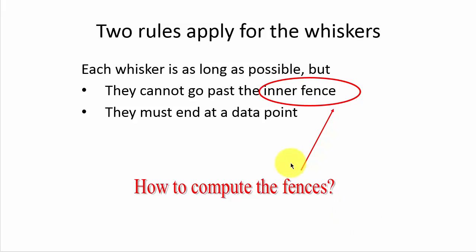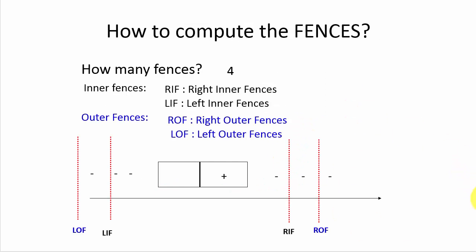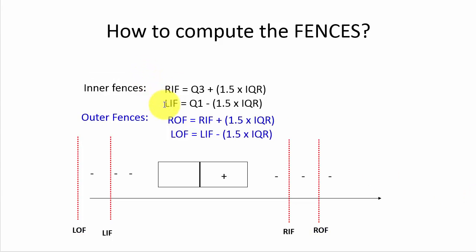Now the question is, how do you compute the inner or outer fences? Well, you can use a formula, and the formula is rather simple. For, let's say, the left inner fence, you take Q1 and subtract 1.5 times the interquartile range, and the interquartile range is Q3 minus Q1.